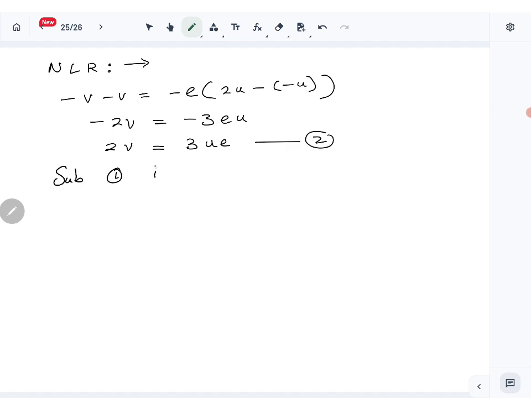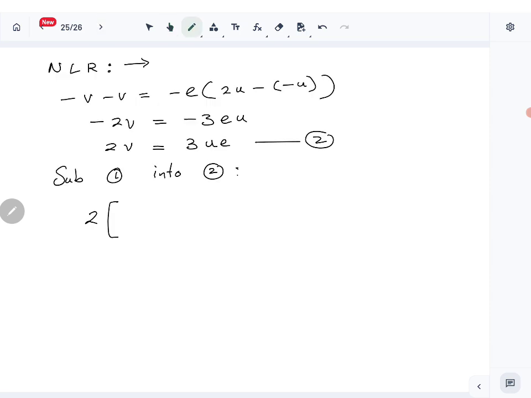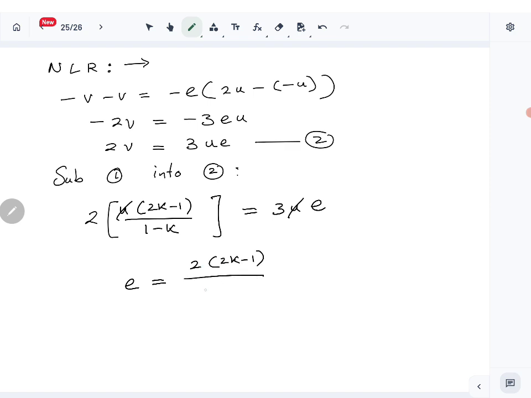So what is v? This expression, substitute here. u times 2k minus 1 over 1 minus k equals 3eu. You can cancel u, then divide by 3 and you get the answer: e equals 2k minus 1 over 3 times 1 minus k. That is what we want, right?